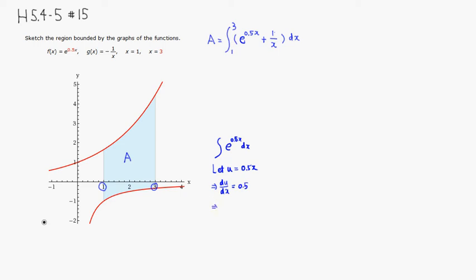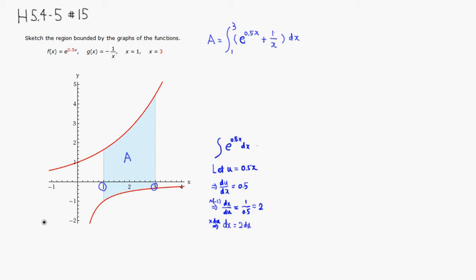Then you take the reciprocal of both sides, you get dx over du is equal to 1 over 0.5, which is the same thing as 2. Then multiply through by du.